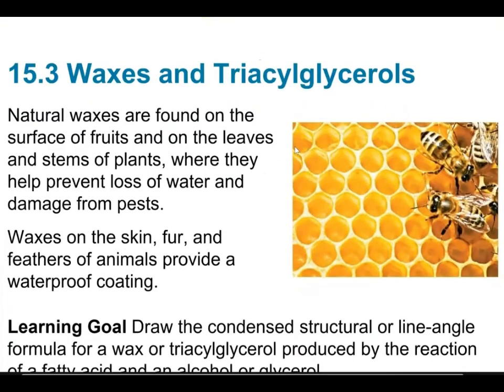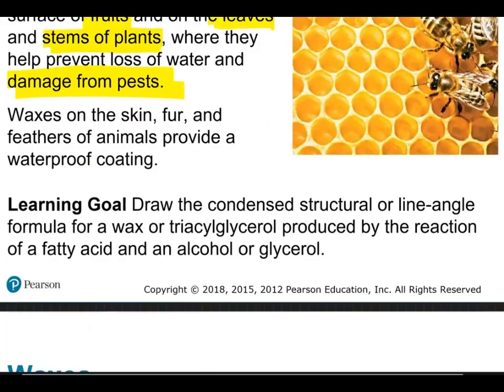Now we're going to move on to waxes and triglycerides. So waxes cover fruits, leaves, and stems of plants, making them hydrophobic, okay, and also providing a mechanical shield. Basically, waxes are a waterproofing of the surface where they are found.